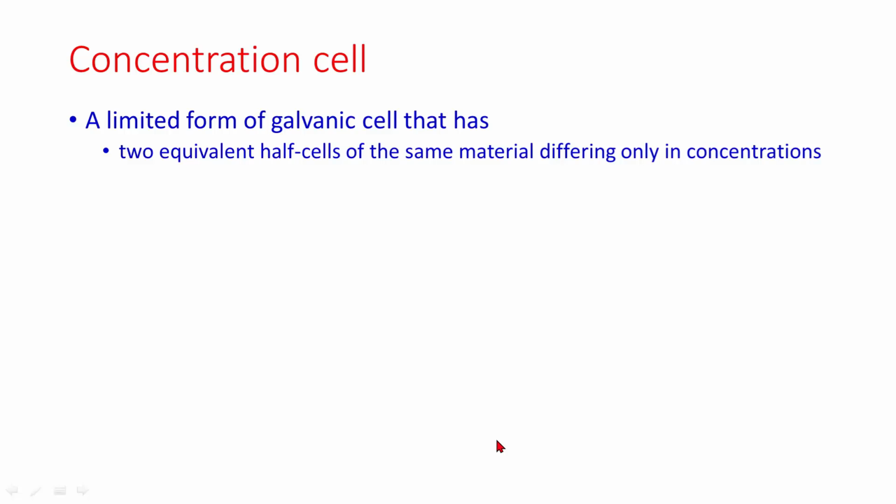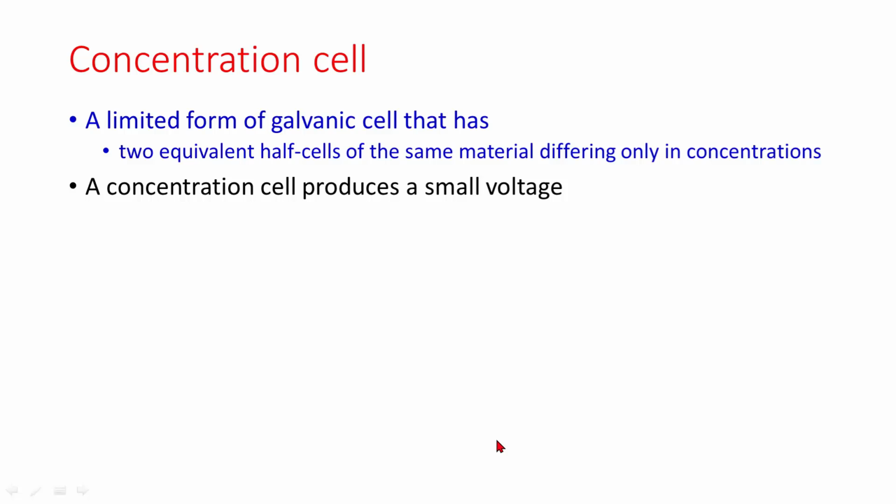Concentration cell is a limited form of galvanic cell that has two equivalent half cells of the same material differing only in concentrations. A concentration cell produces a small voltage as it attempts to reach equilibrium.